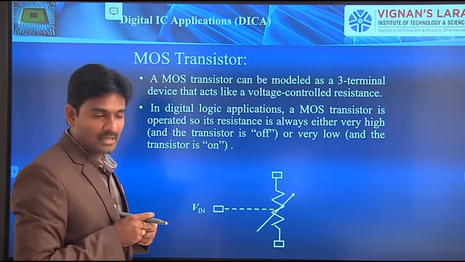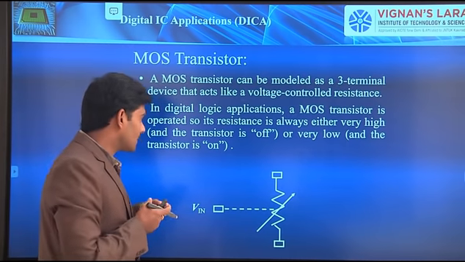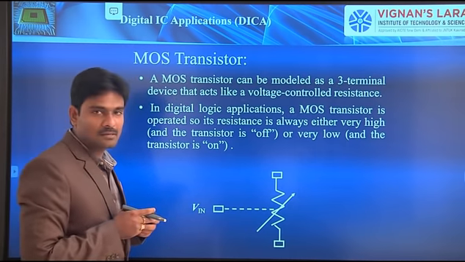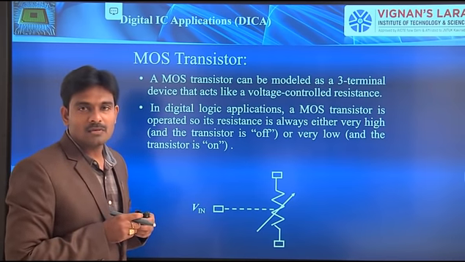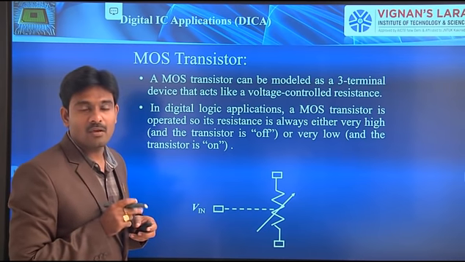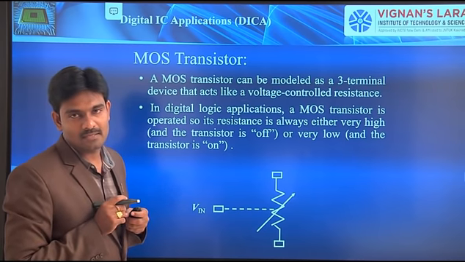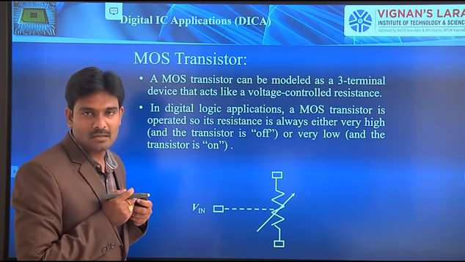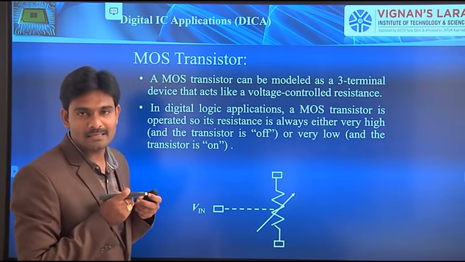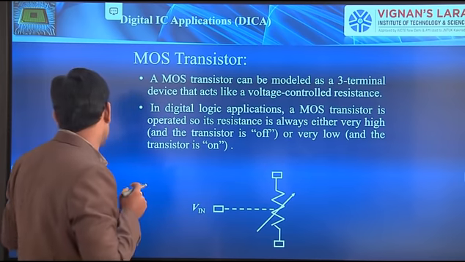Okay. So next, a very important component in our CMOS technology is the MOS transistor. Actually, the MOS transistor is a 4-terminal device, but as per our electronic circuit applications, we can model it as a 3-terminal device.